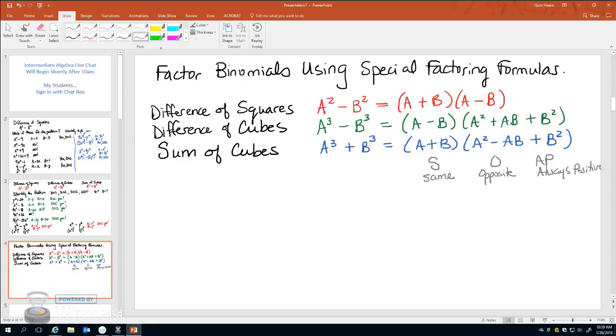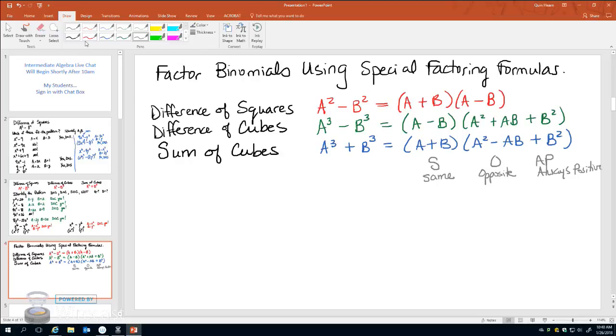The second sign is going to be positive because it's the opposite of what you started with. And the last sign will be positive because it's always positive. When you factor a cubed plus b cubed, your first sign will be positive because it's the same, the second sign will be negative because it's opposite, and the third sign will always be positive. So that's just a little way of remembering the signs that go there. Whatever you got to do, flashcards or whatever.